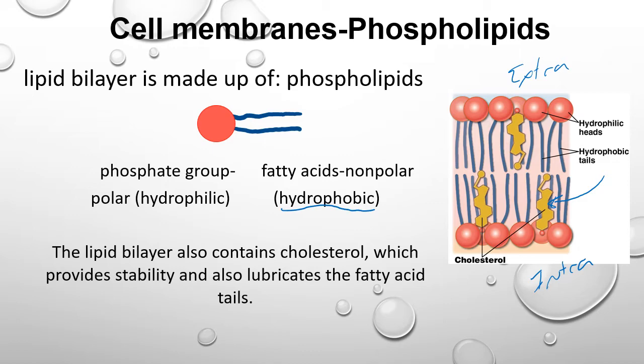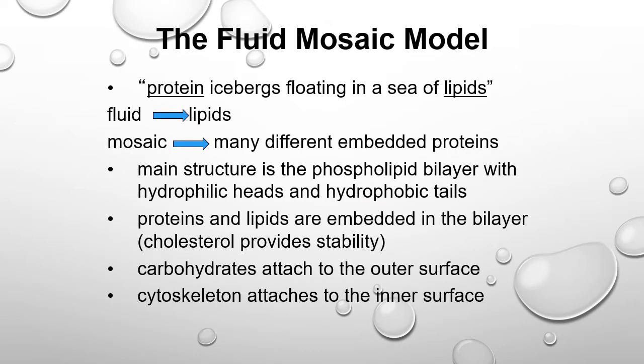In addition to cholesterol and the phospholipids, we're then going to have an assorted number of different types of proteins that do different jobs embedded within that phospholipid membrane as well. So we have here this idea of the fluid mosaic model.